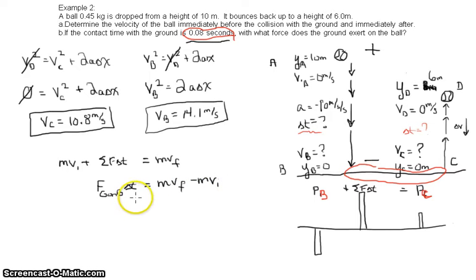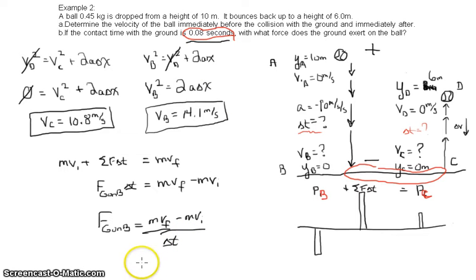Okay, if I divide both sides by the time, I get the force of the ground on the ball is equal to m v_f minus m v_i divided by the change in time it takes to interact with the ground, which is going to be my 0.08 seconds. So numerically speaking, this will look like the following.